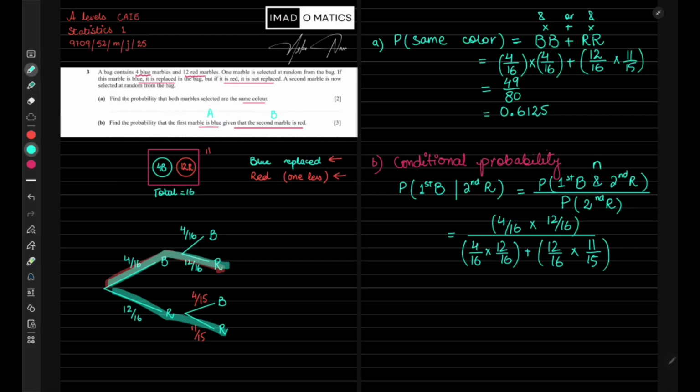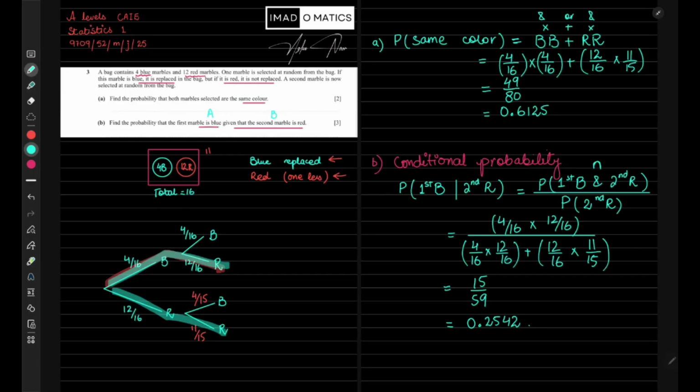Okay, so let's solve them together. This gives you 15 over 59, and in decimals it is 0.2542. So that's your whole working for question number 3.